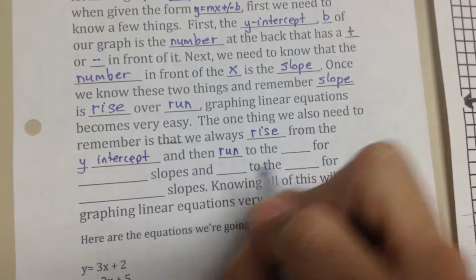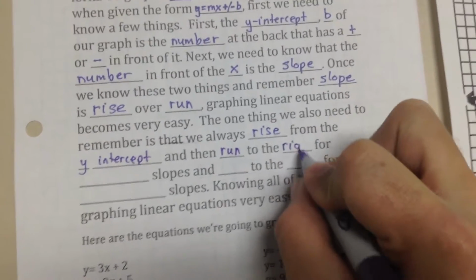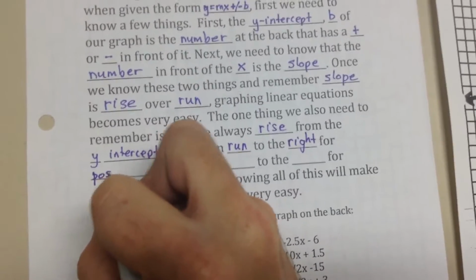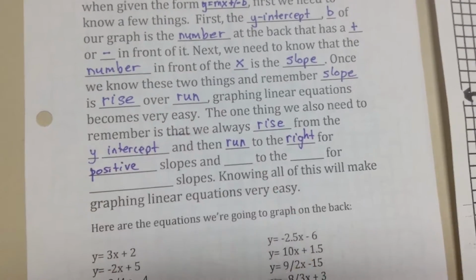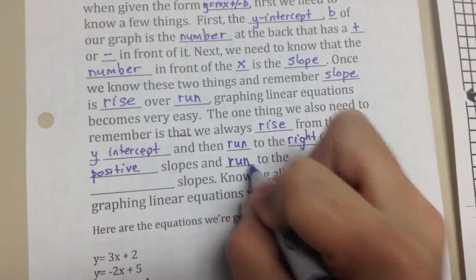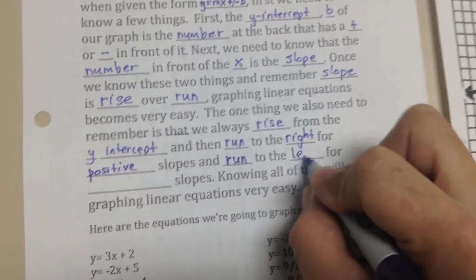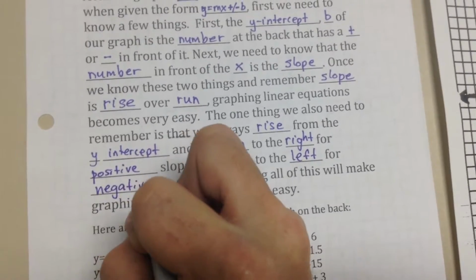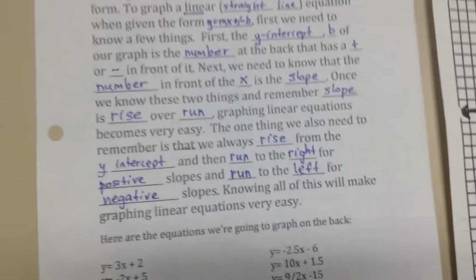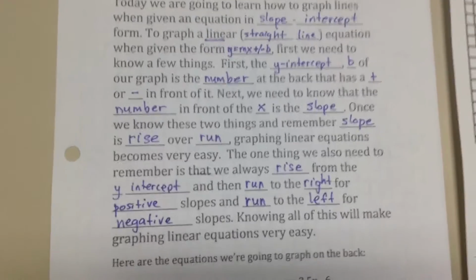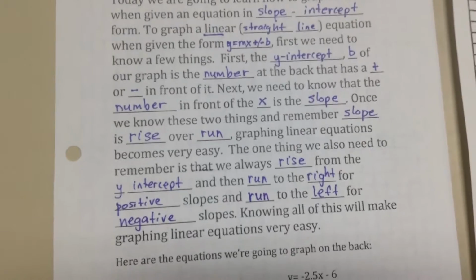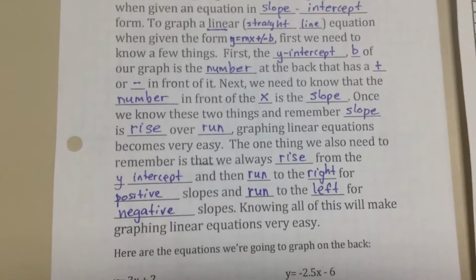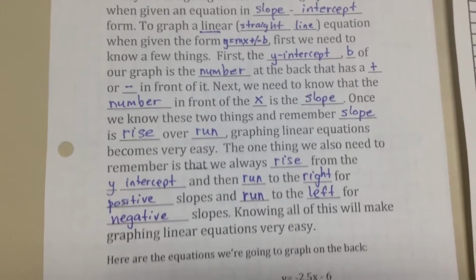And then when we run to the right, that's for slopes that are positive, and when we run to the left, that's for negative slopes. Please notice that rise is always the first part. You're always rising, and from there, running to the right is when you have a positive slope, and running to the left when you have a negative slope.